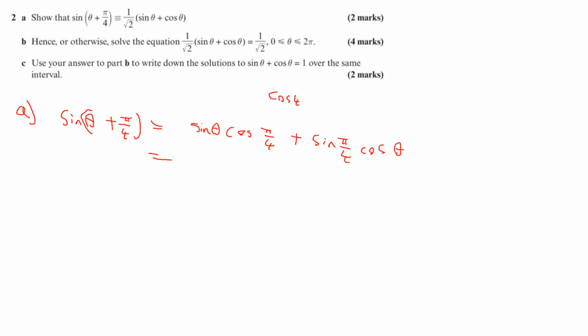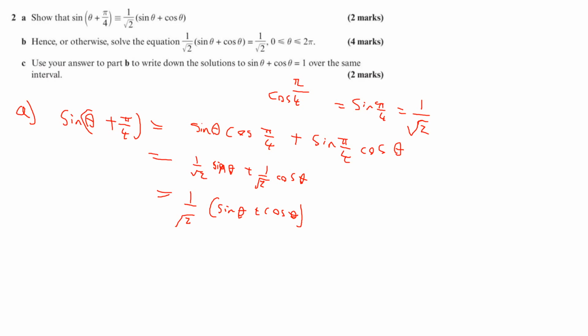Cos pi over 4 is equal to sine pi over 4, which is equal to 1 over root 2, or root 2 over 2, okay? So therefore this is 1 over root 2 sine theta plus 1 over root 2 cos theta, which is equal to 1 over root 2 times (sine theta plus cos theta), okay?